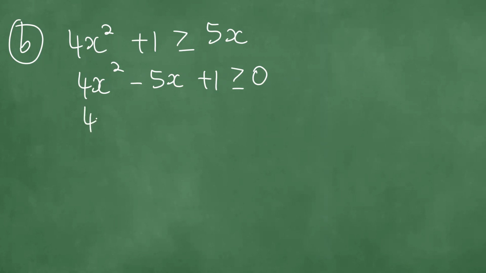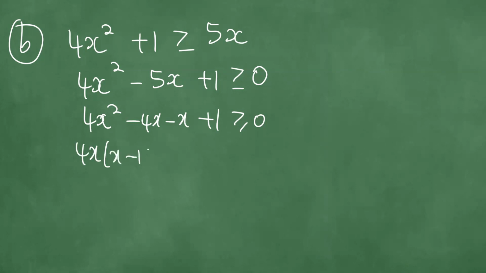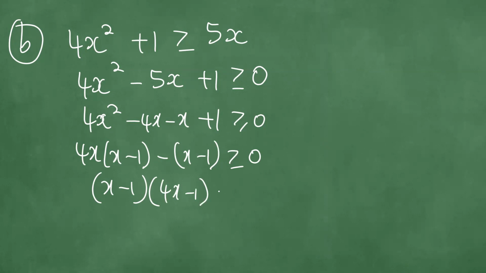We look for two expressions whose product is 4x squared, but whose sum is minus 5. And those are minus 4x minus x plus 1. Pull out 4x, and then you have x minus 1. Here you have x minus 1, you have x minus 1, 4x minus 1.